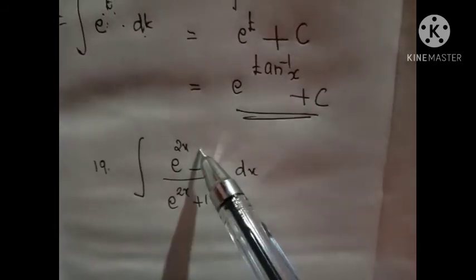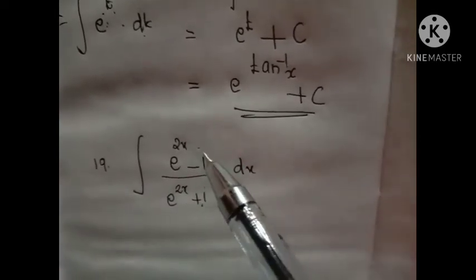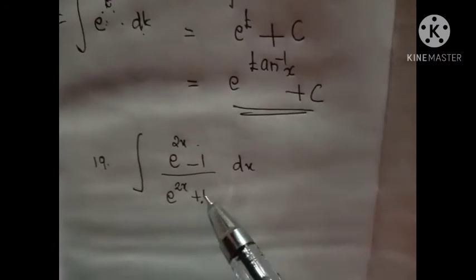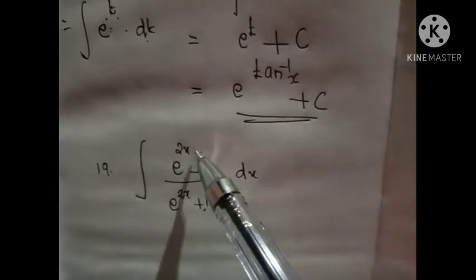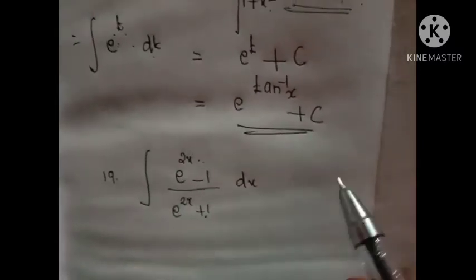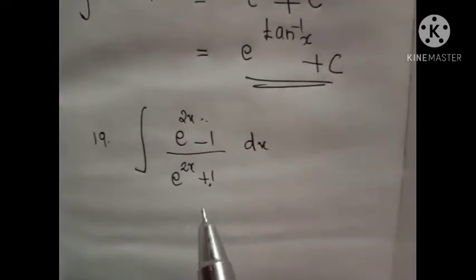Here, numerator and denominator: is the numerator the derivative of the denominator, or the denominator the derivative of the numerator? In that manner we have to put a new variable t. So there is no chance of getting a derivative form.